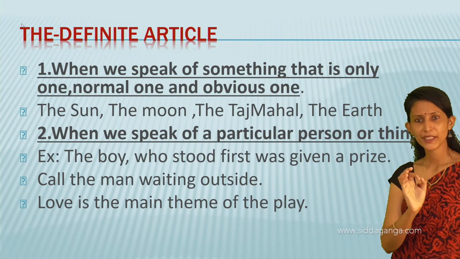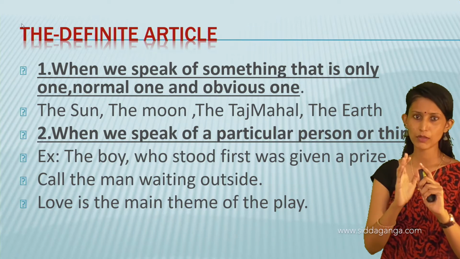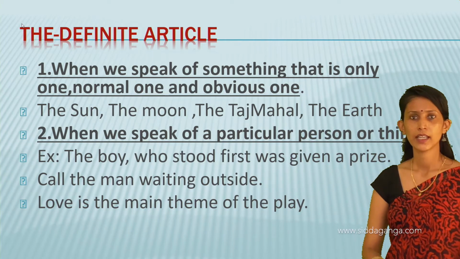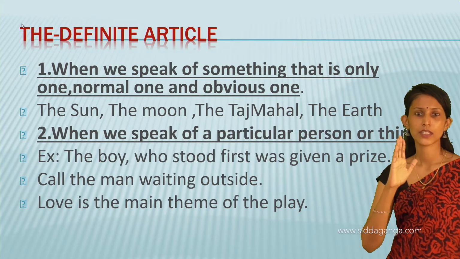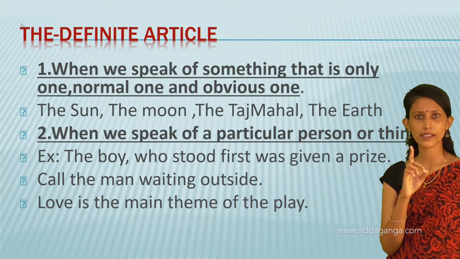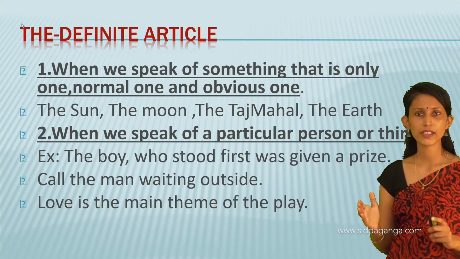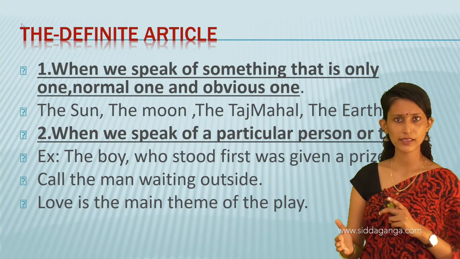Now, when we are speaking of something that is the only one thing, every day, it's a normal one and it's something that is obviously going to happen: the sun, the moon, the Taj Mahal, the earth, all one single entity, isn't it? The sun rises. It rises every day. It's something that's normal and a routine thing that is happening, isn't it?